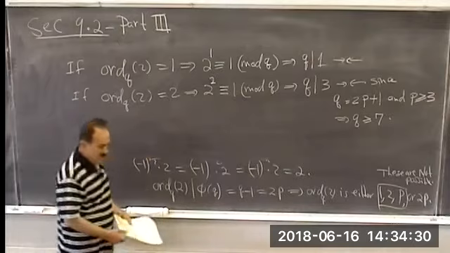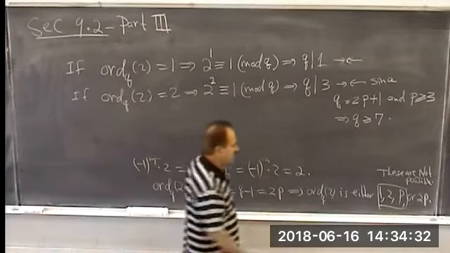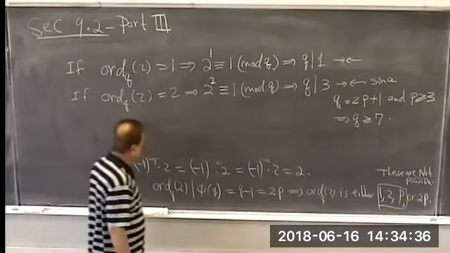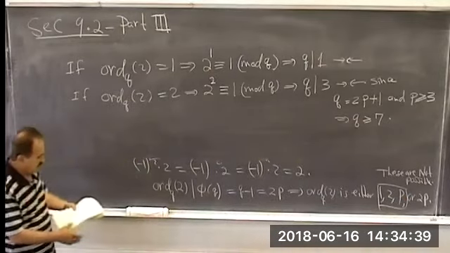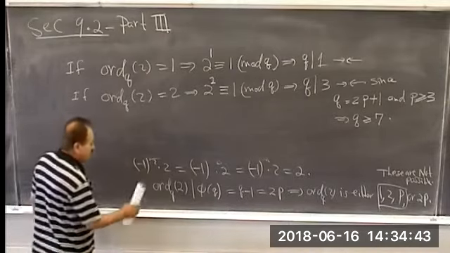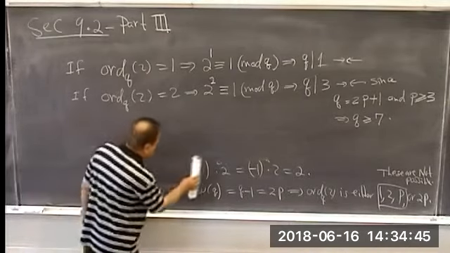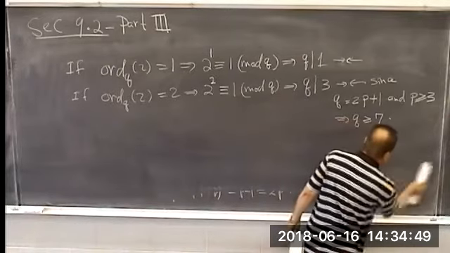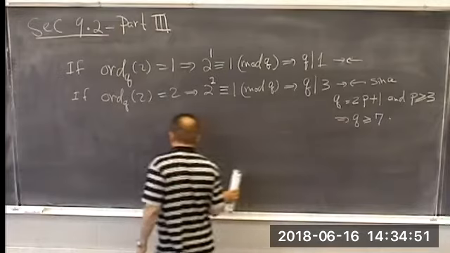Now we end up with a harder case to prove that it doesn't happen, and that is for the order p. To do this, we're going to do something different. We're going to be using Gauss's lemma, of course.